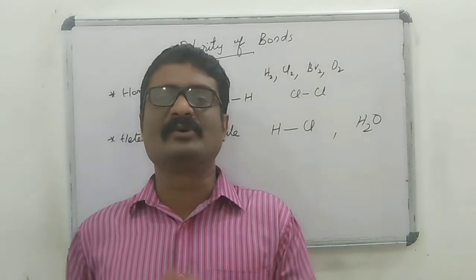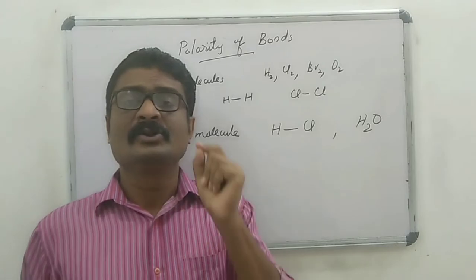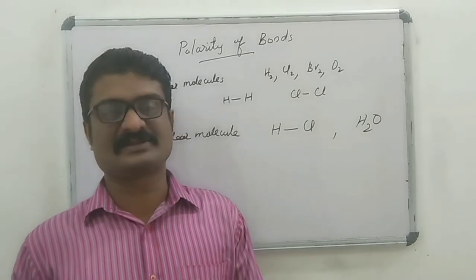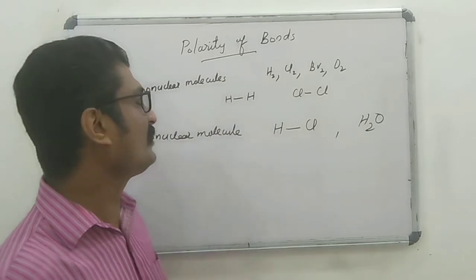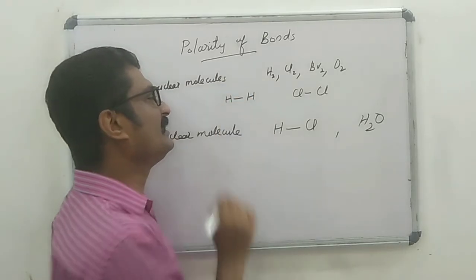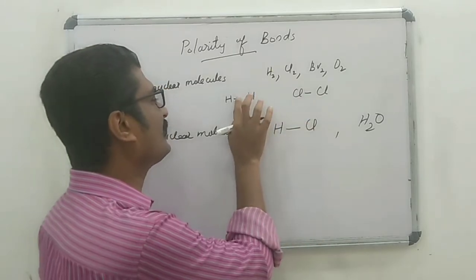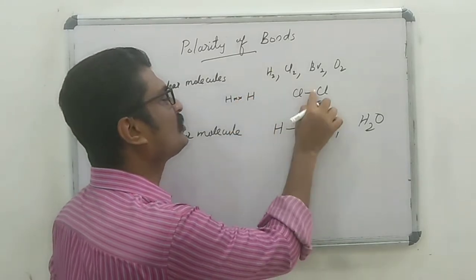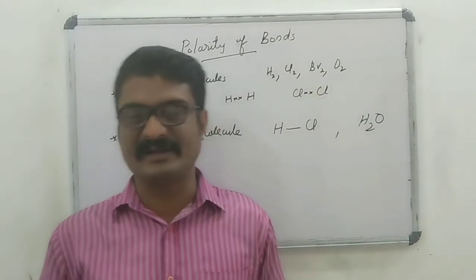Then, if a covalent bond is formed between two similar atoms, the bond pair of electrons is equally shared between these two bonded atoms.